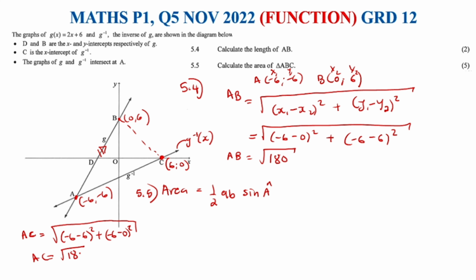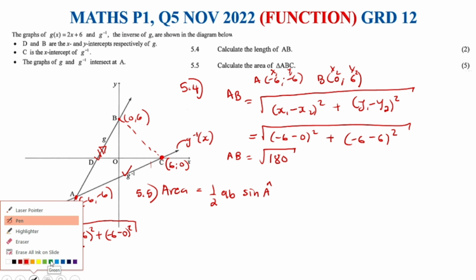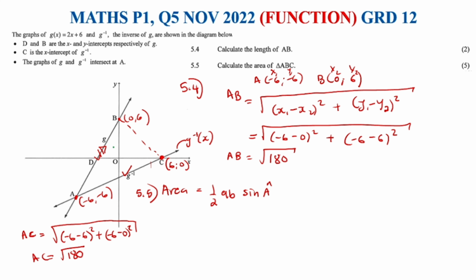It's going to be square root of 180. Right, so you've got this distance now, you've got that distance. What are you looking for now? What you can do, let me just change the color here and show you guys something. What you can do here, remember that tangent formula where they said the area is the inclination, angle of inclination is what the line forms with the x-axis.